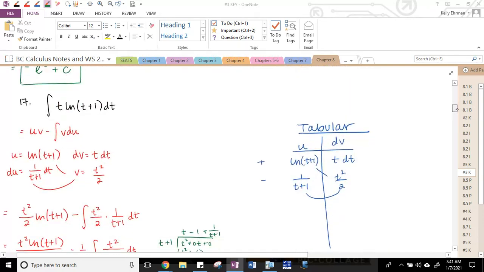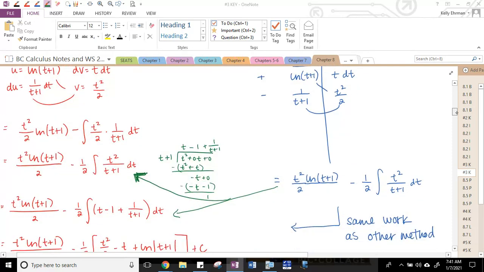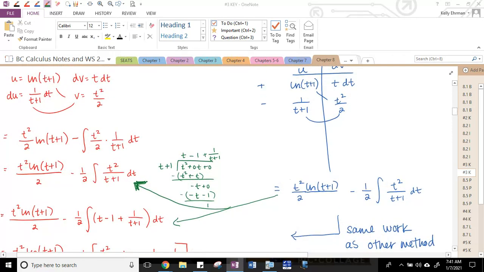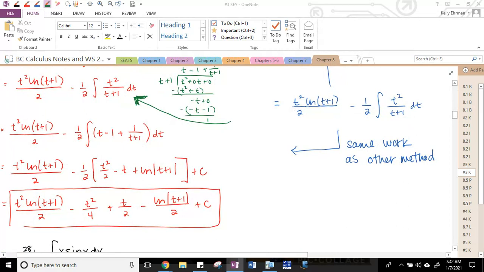So like here, for example, on 17, when I did tabular, I got to a place where my work matched exactly this line right here with what I did. So I have just the same work as the other methods. So once you get here, find that line, and then this is where I carried on.